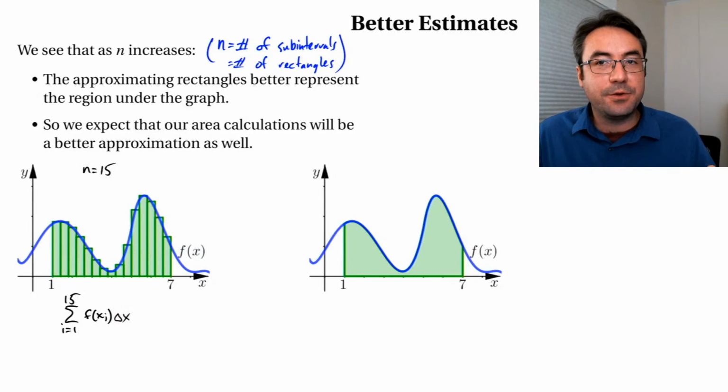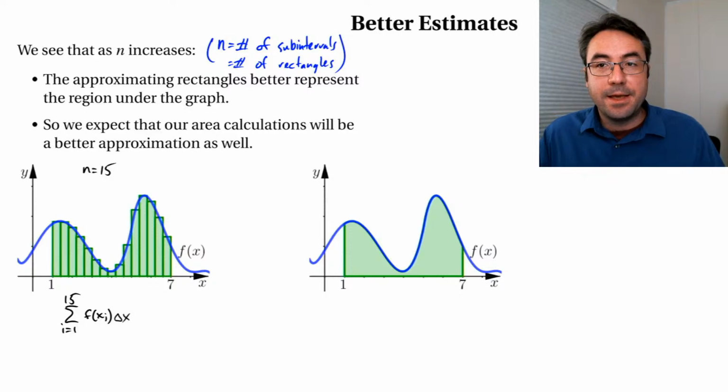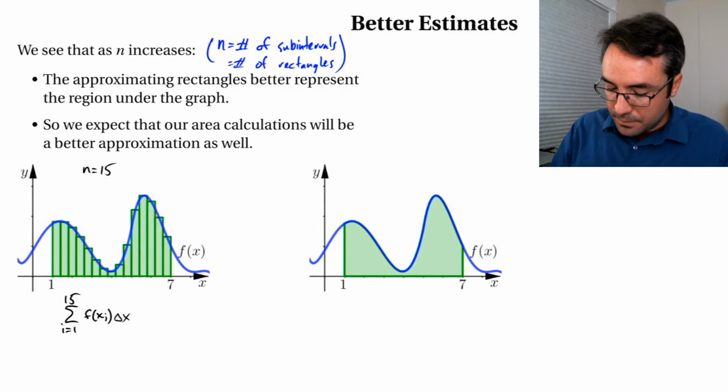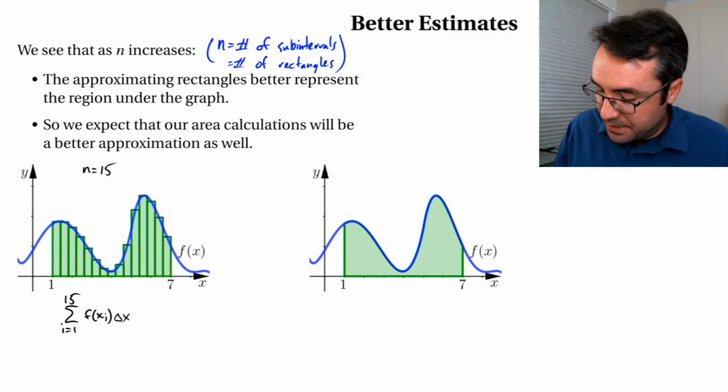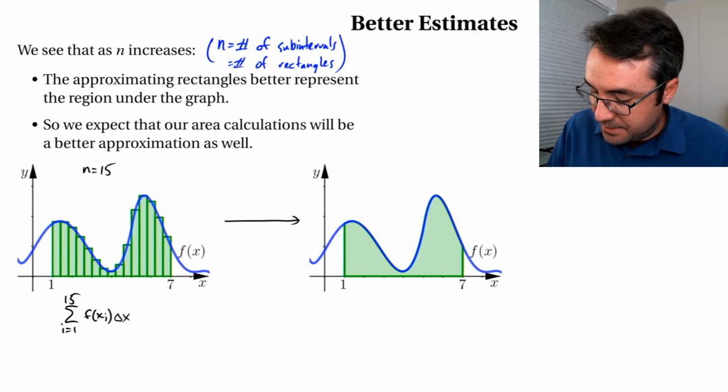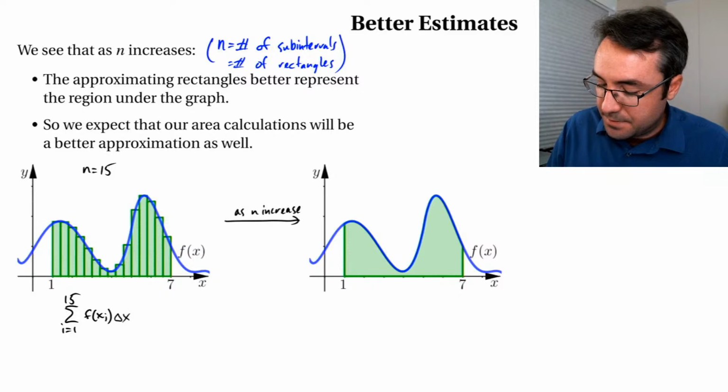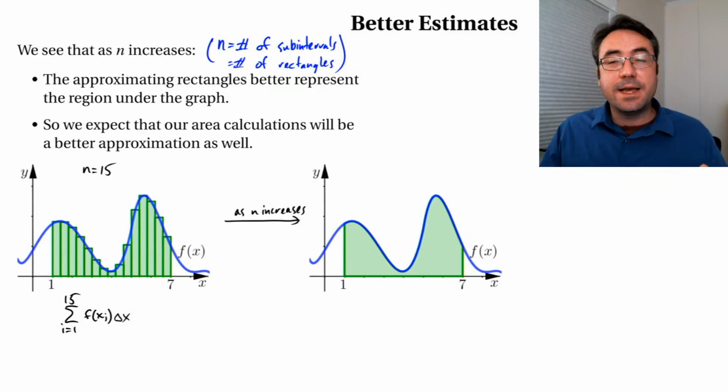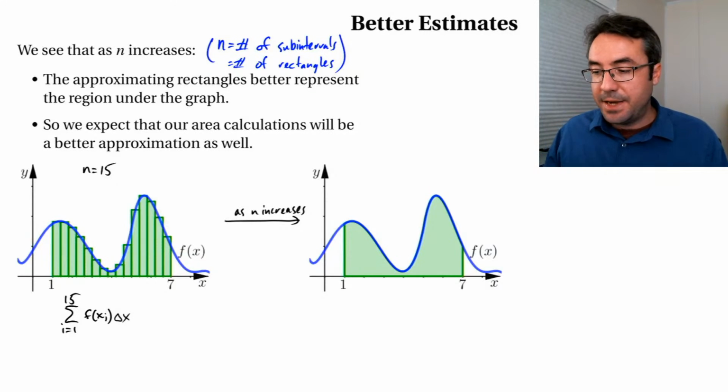So our function value gives us the height of each of those rectangles, and delta x is the common width. And so what happens is as n increases, as we use more and more rectangles, it's going to give us a better and better approximation.